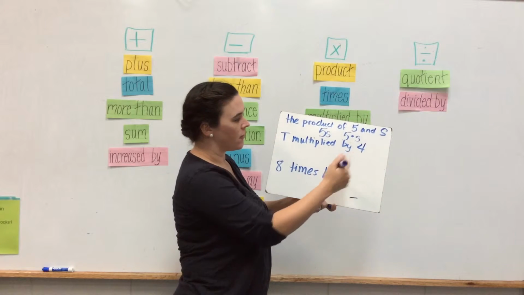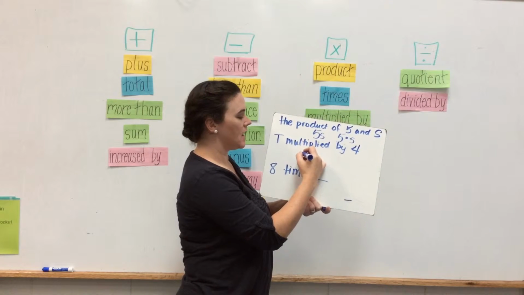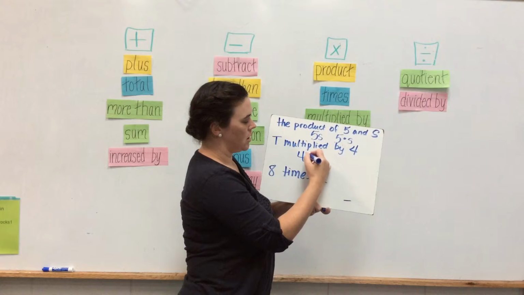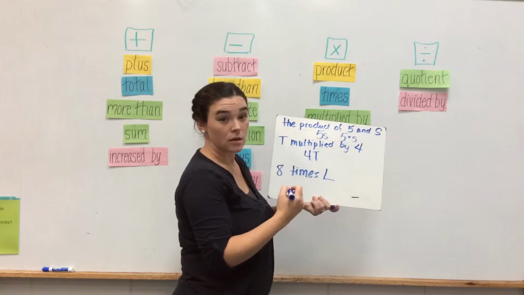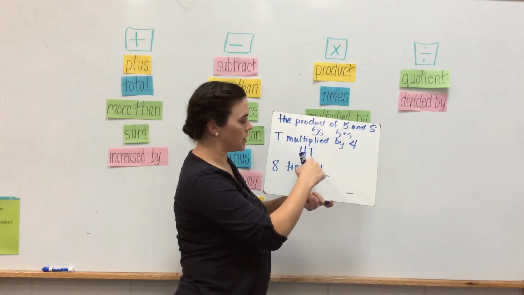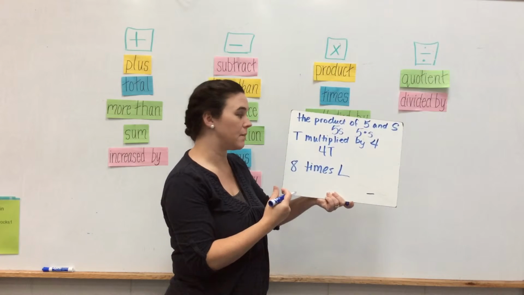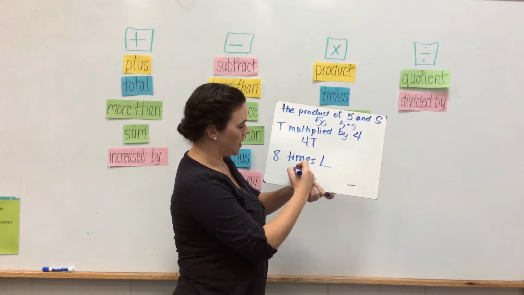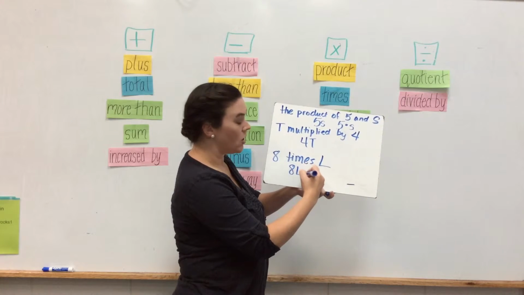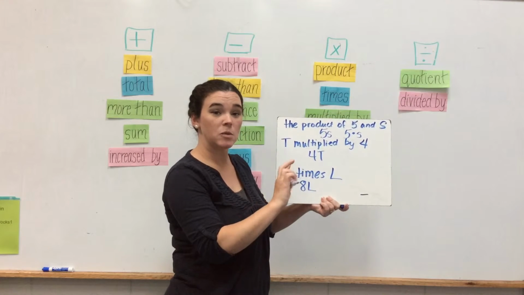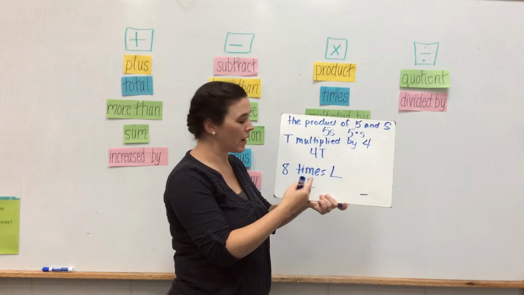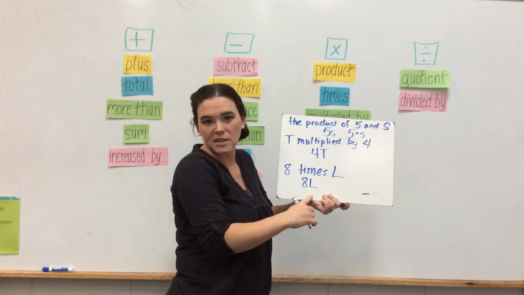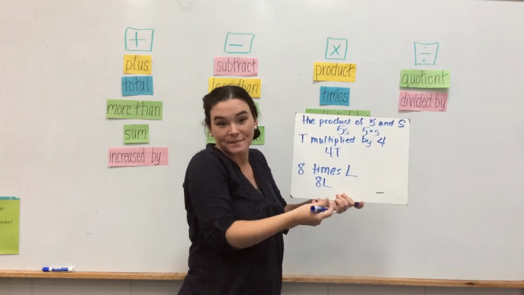T multiplied by 4 would be the same thing. Again, we want to put the number first and the variable second, so 4t would be 4 multiplied by t. 8 times L is going to be, again, 8L. Remember, because multiplication has the commutative property, you can write them the other way, but it looks a lot better this way where we have the variable second.